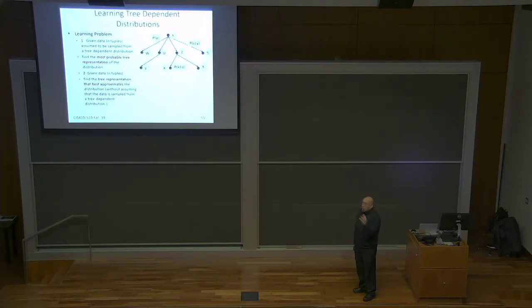Because we don't know how to learn general probability distribution representations, we're going to learn it into a tree representation, and that's it. So again, try to think about the analog to what we've done earlier in the semester.